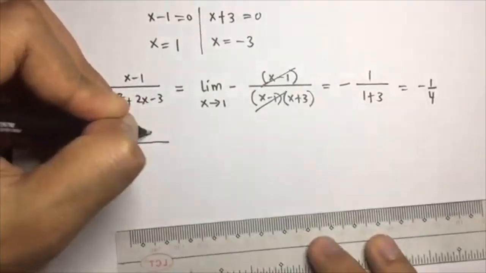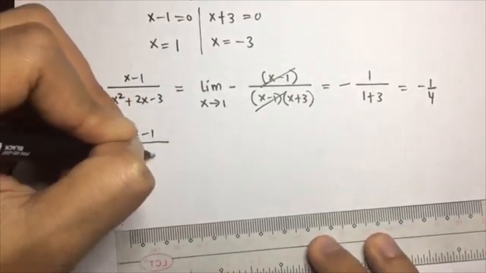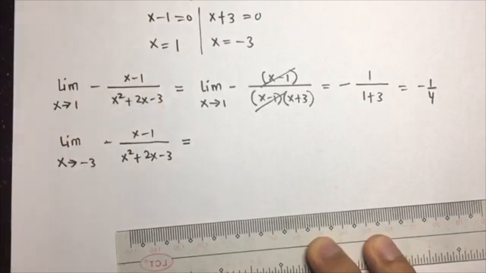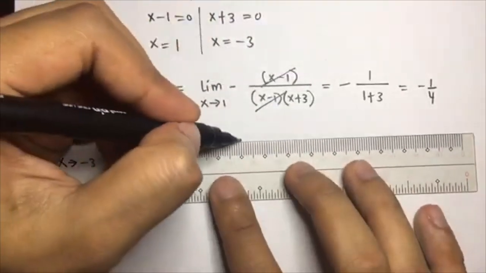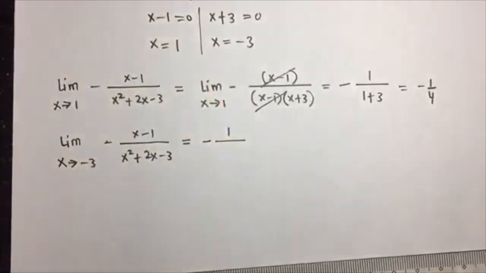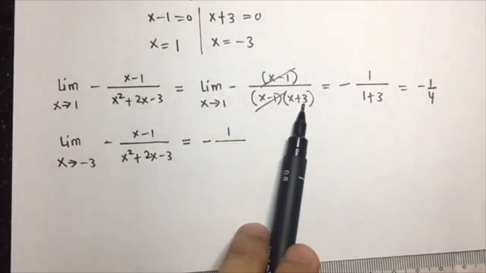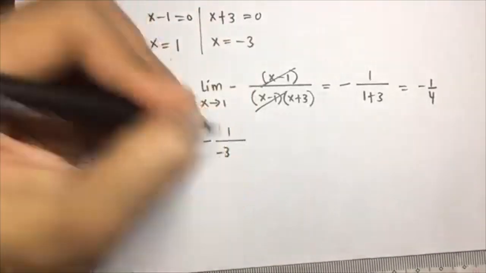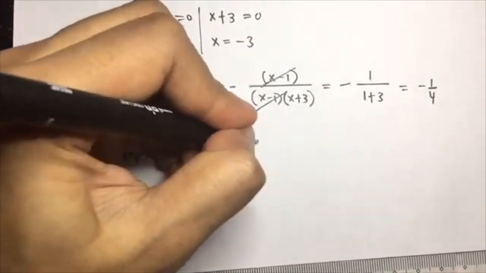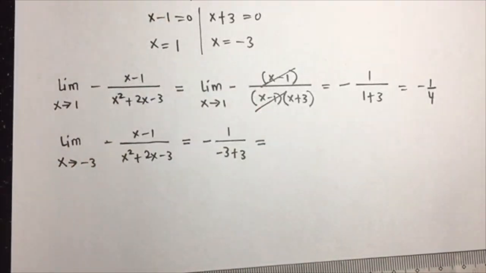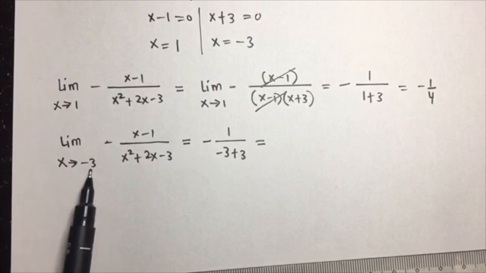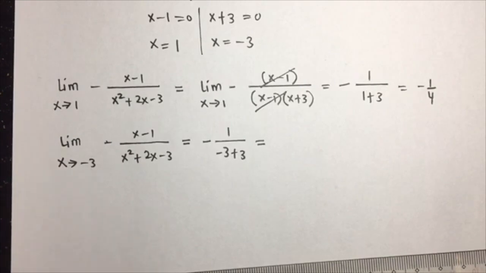So x minus 1 over x squared plus 2x minus 3 is equal to, we can simplify it, so we can write directly negative 1 over x plus 3, so that's negative 1 over negative 3 plus 3, so it will become negative 1 over 0, then its value should approach infinity.